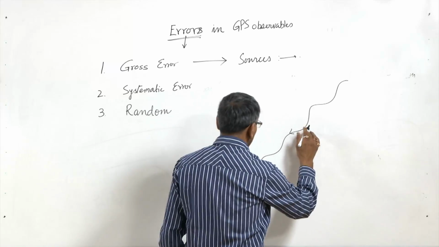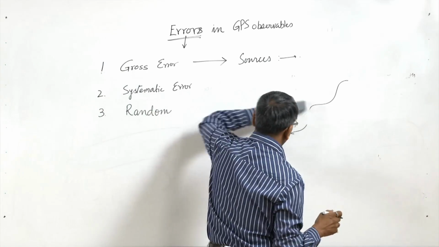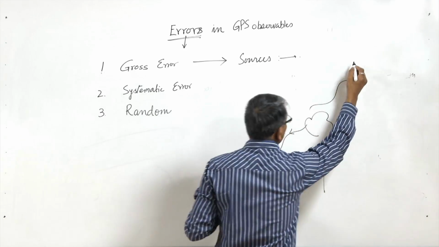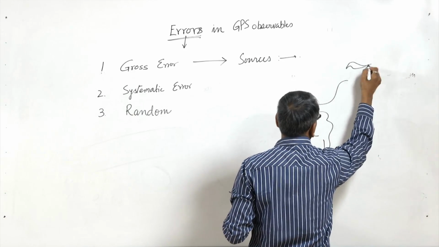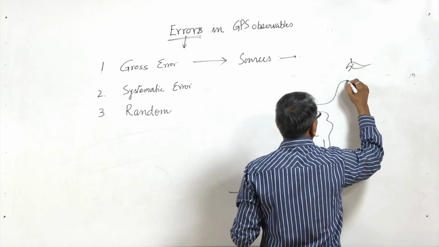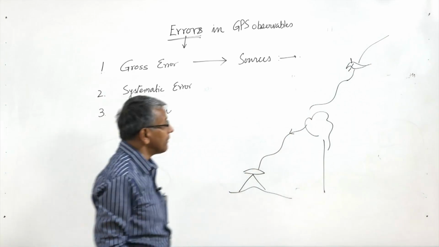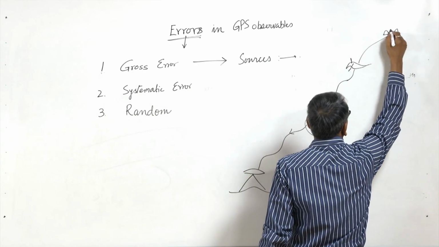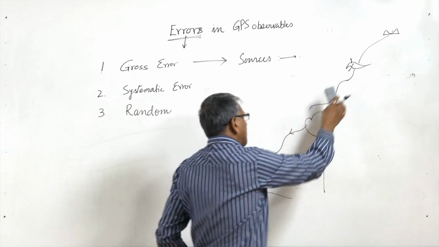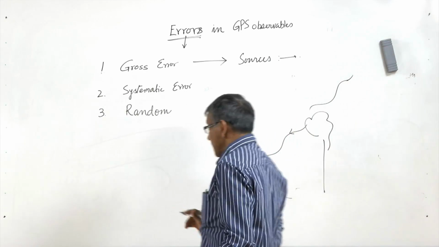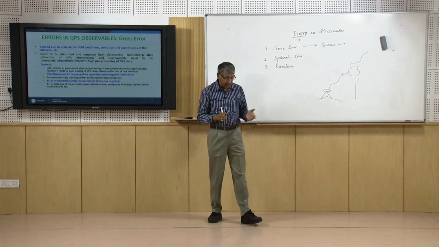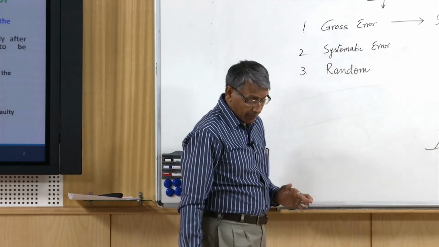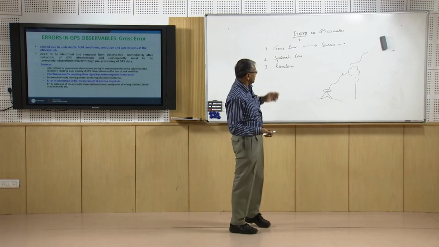It may be interrupted by trees, or there may be birds flying, so the signal may be disturbed by them, or by aeroplanes, or in many other ways. That means physical obstruction of the signal during its transmission from satellite to receiver. Due to that there may be some gross error.